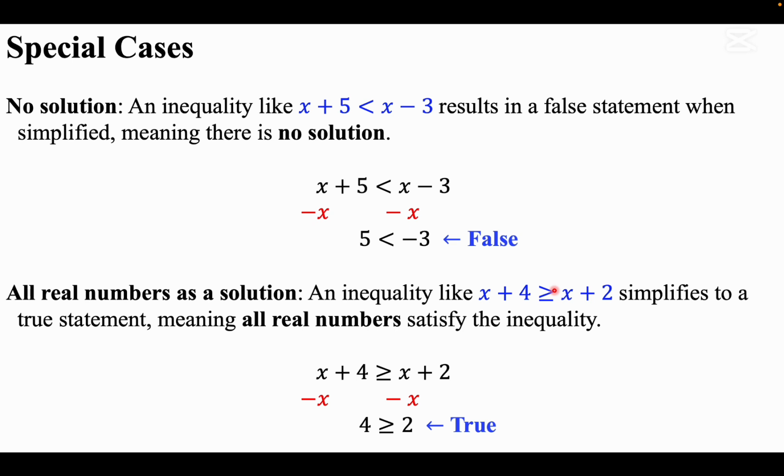As long as it satisfies one of those conditions, either 4 is equal to that or 4 is bigger than that number, that is going to be always true. And therefore, since this is true, it has all real numbers as a solution, meaning from negative infinity all the way to infinity would be a solution. You can put in any x value that you want here. It should satisfy this condition. It should make it a true statement.